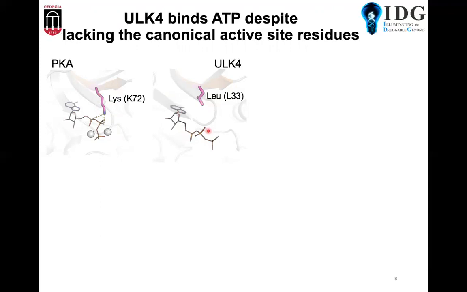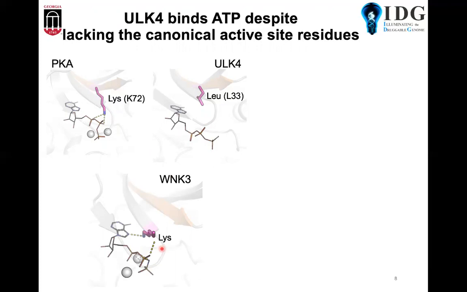And in ULK4, as I said, it has a leucine, but still binds AMP-PNP. The only example of a kinase where you can still bind ATP in the absence of the lysine is WNK3, where the lysine migrates from the beta-3 strand to the beta-2 strand and still coordinates the ATP in a manner analogous to PKA.